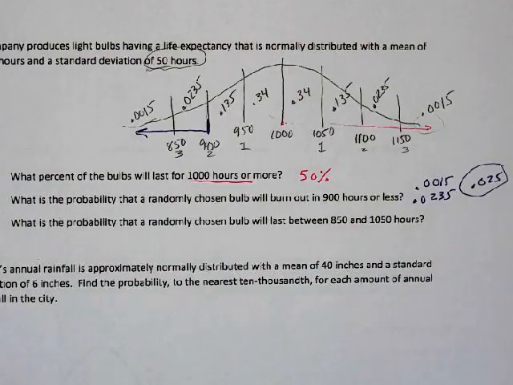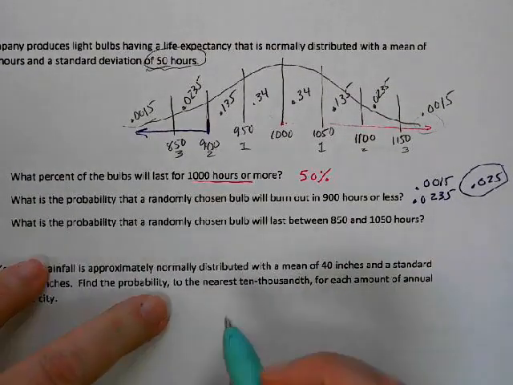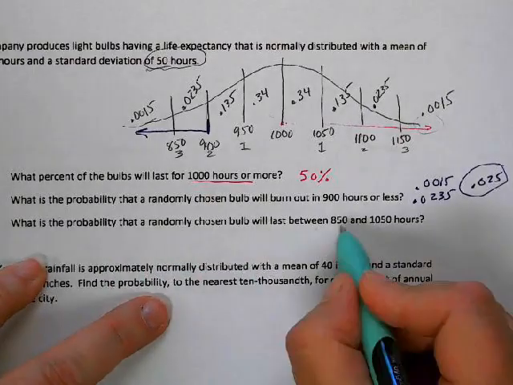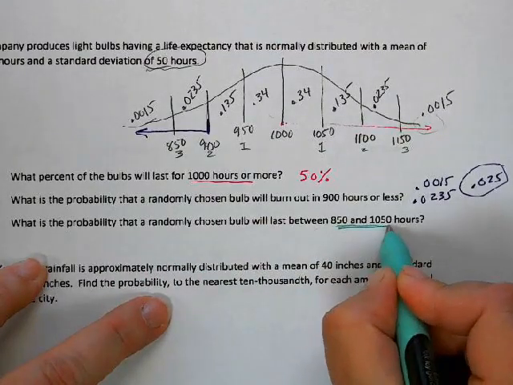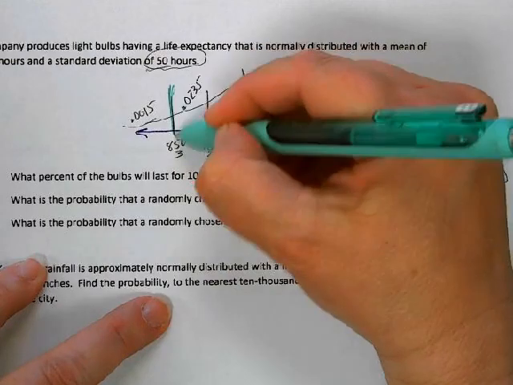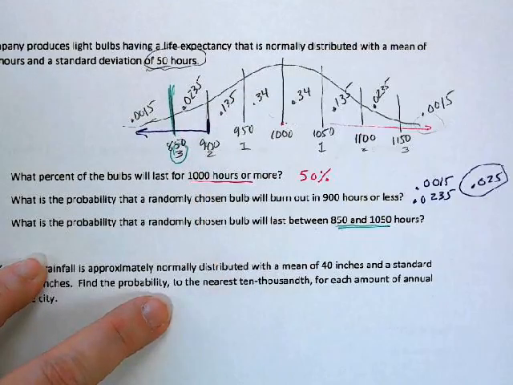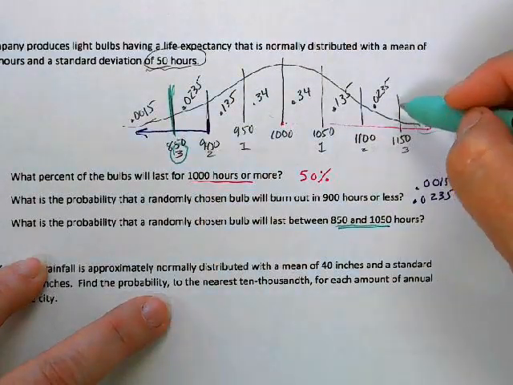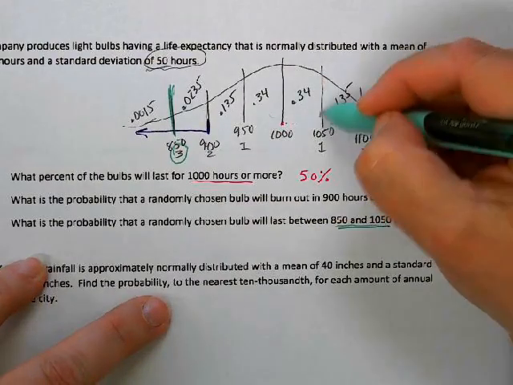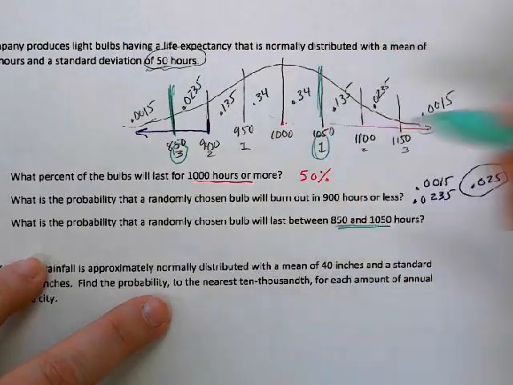That's not very often. Okay, the third one says, what's the probability that it will last between 850 and 1050? So 850 is here at 3 standard deviations away, and 1050 is here at 1 standard deviation away.